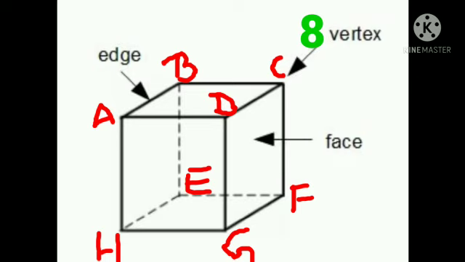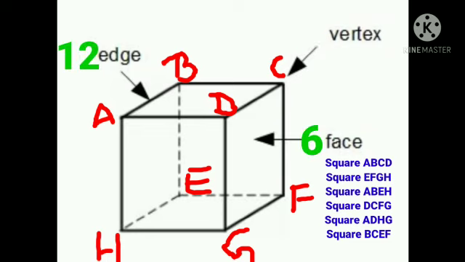Now the third thing we have to study in a cube is faces. How many faces are there in your cube? There are a total of 6 faces. The names of the faces are square ABCD, square EFGH, square ABEH, square DCFG, square ADHG, square BCEF.